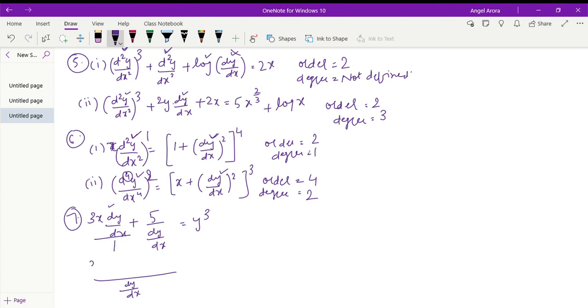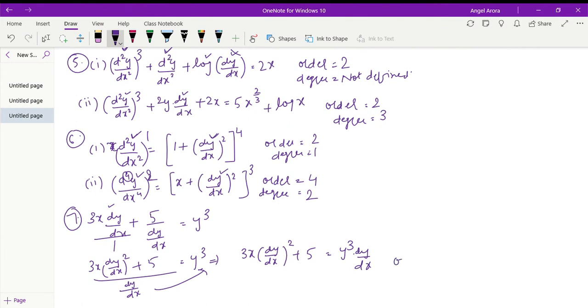So you know the remaining part how to do it. 3x dy upon dx whole square plus 5 is equal to y cube dy upon dx.